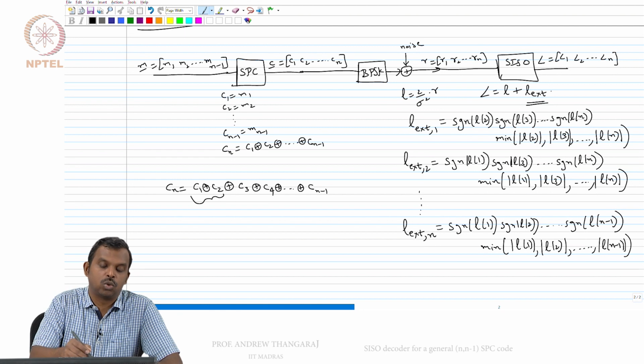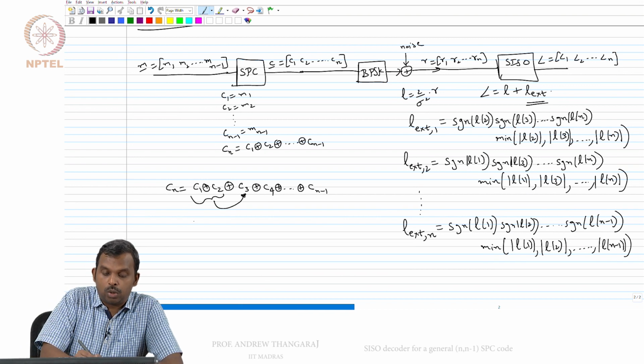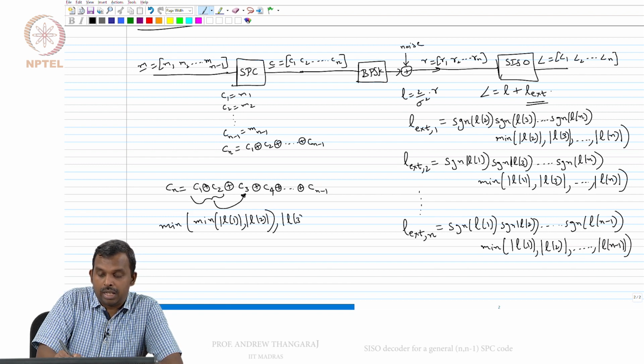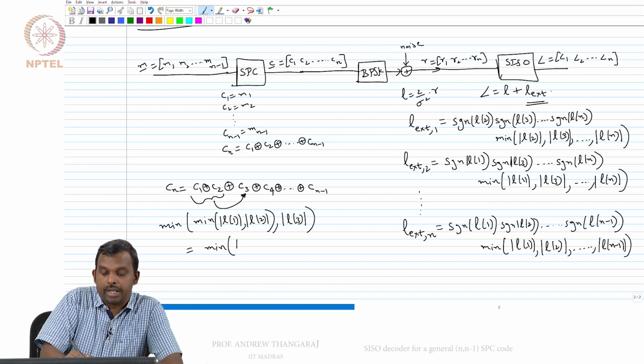We do the minimum of those two LLRs and the product of the signs, and then you have that XORed with C3. If you look at what is going on here, the min of absolute value of L of 1 and absolute value of L of 2, and then the min of that with absolute value of L of 3, is the same as the overall minimum.